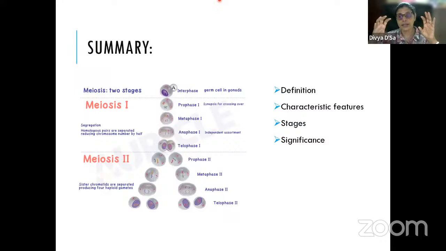In stages, we have 4 stages, and prophase in meiosis one is longer, having 5 stages there. So you have to write about that. And significance, as I mentioned, you have to write about sexual reproduction, genetic variation, and also that it is essential for the maintenance of the number of chromosomes.